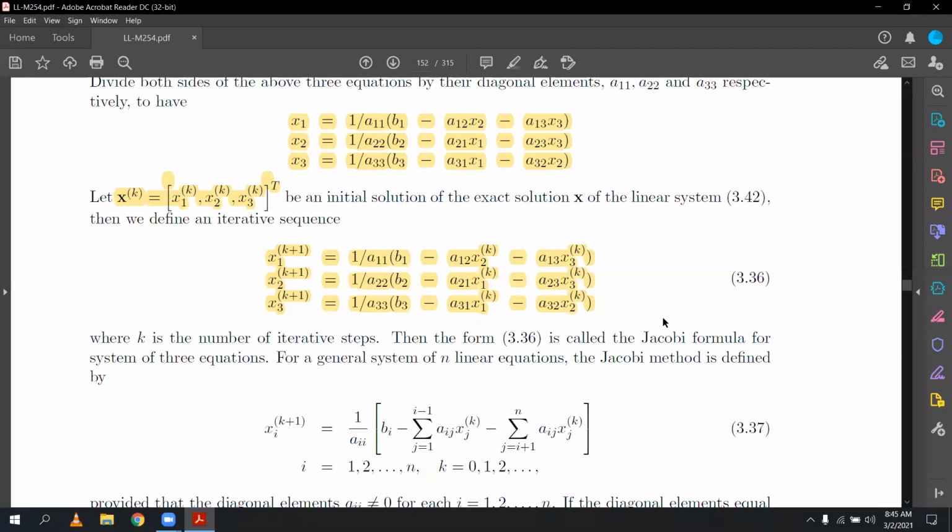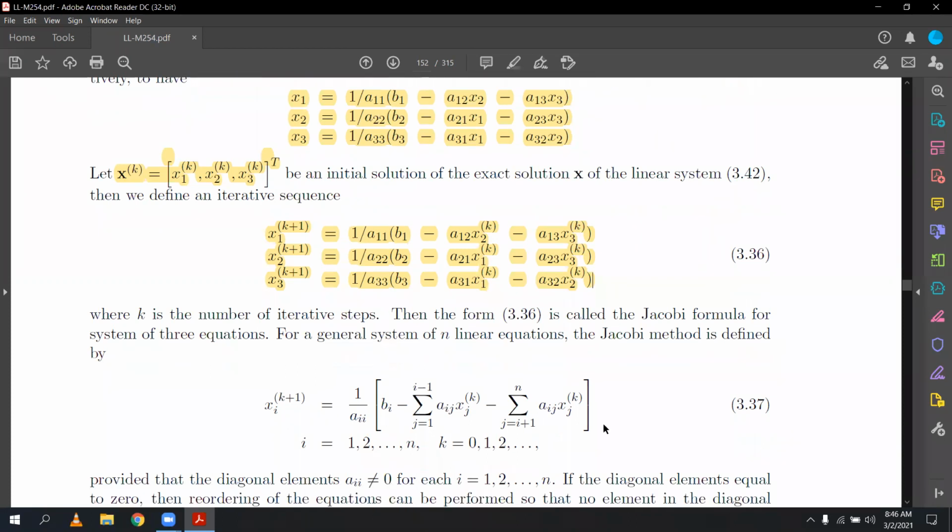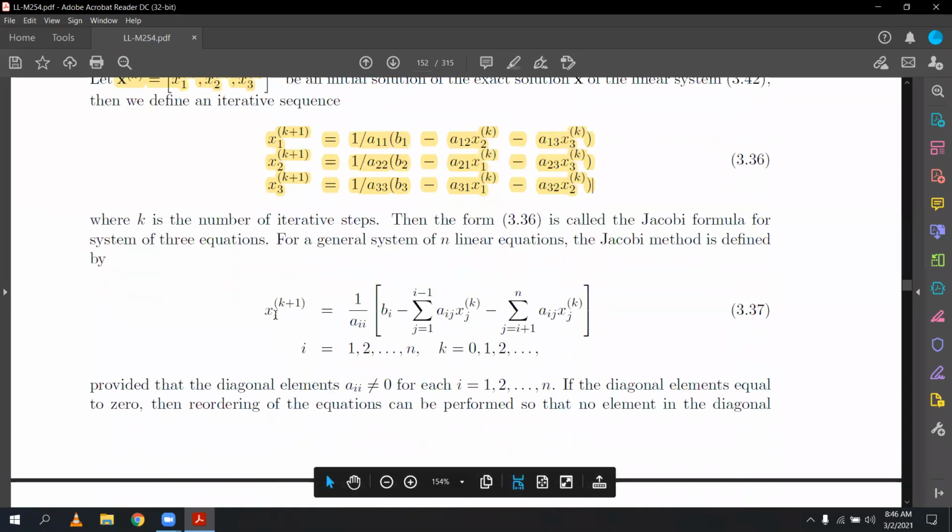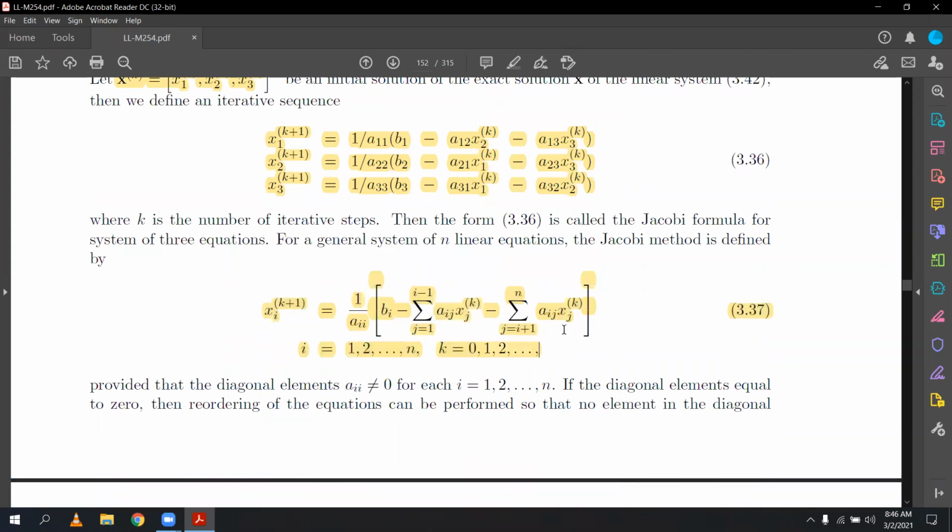So very simple: take the formula of x1 from the first equation, x2 from the second equation, x3 from the third equation, and then continue like that. In a similar manner, this is the Jacobi iterative formula for any linear system, for any linear equation you have. That is the Jacobi method, a small idea here.